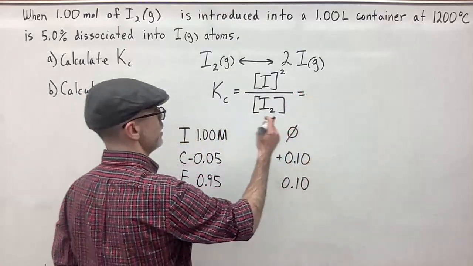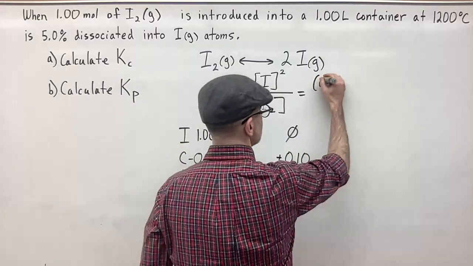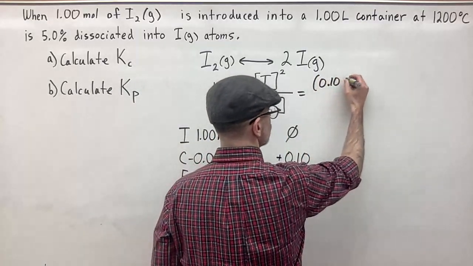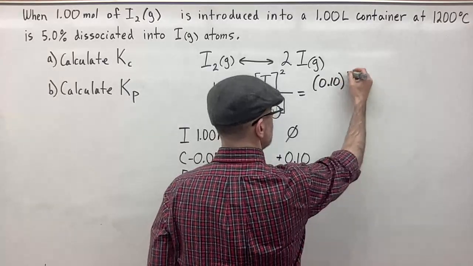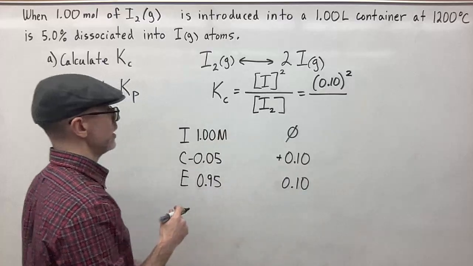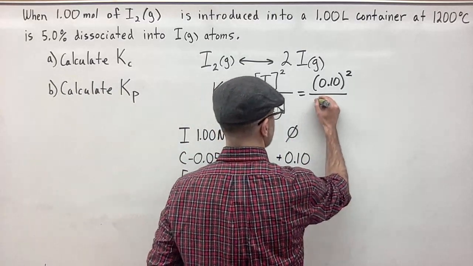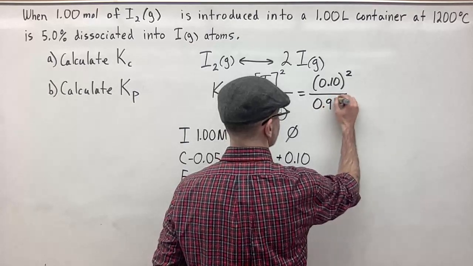So let's go ahead and do that. We have I squared, so we're going to put 0.10 squared. And then here we have I2, that's going to be 0.95. So we're going to put that down here, 0.95.